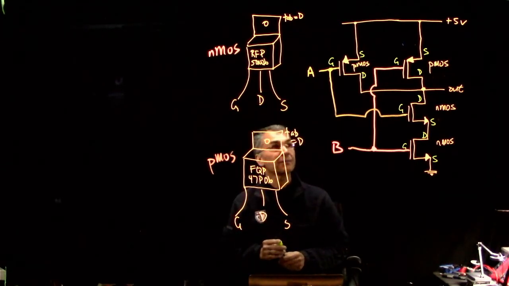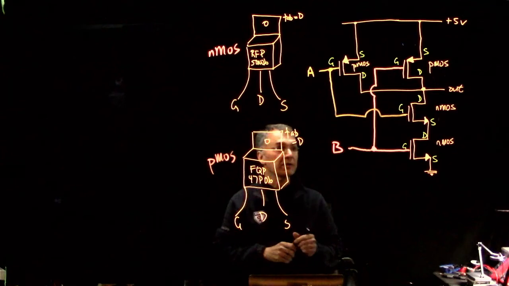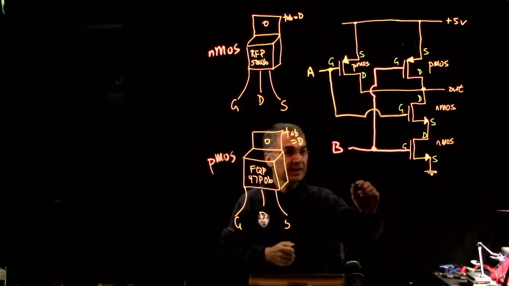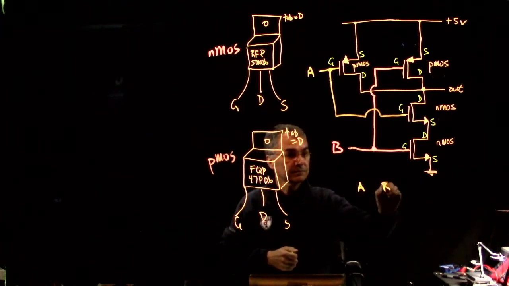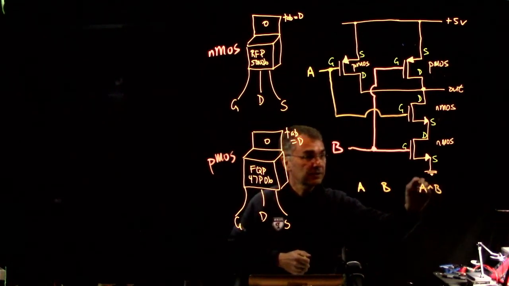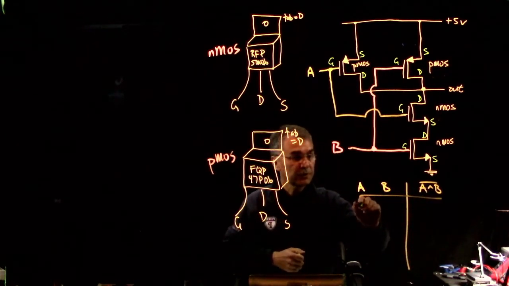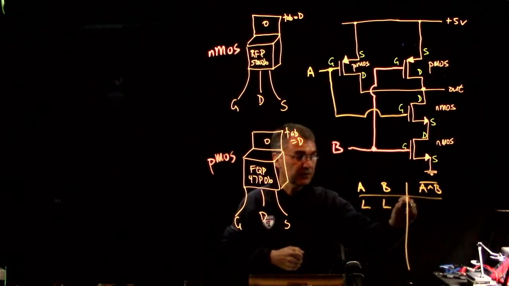So let's see how this works. So maybe we should draw out the truth table for a NAND gate. A and B, the opposite. So let's say low, low, so false, false.